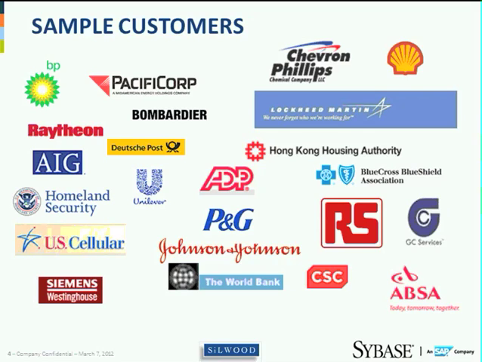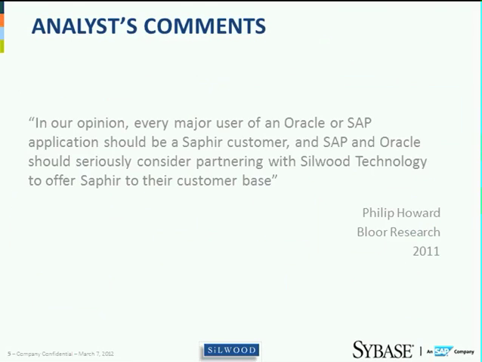So there are some good household names there that you may have come across. And we've also had good endorsement from product analysts like Bloor Research. Philip Howard reviewed our product in detail last year, and this was his summary comment about Sapphire and how it's of value to SAP and Oracle customers.